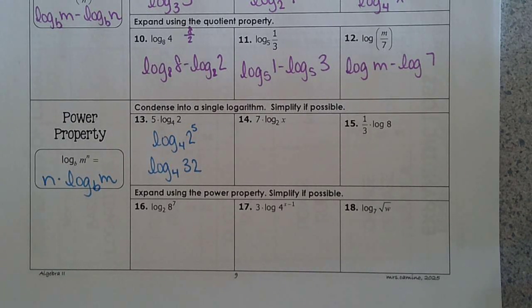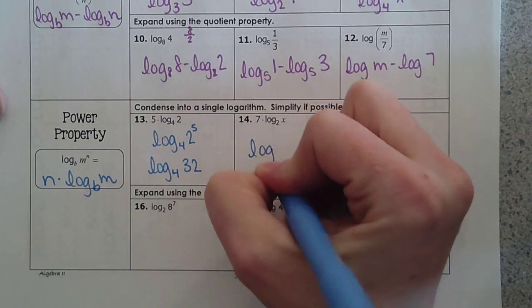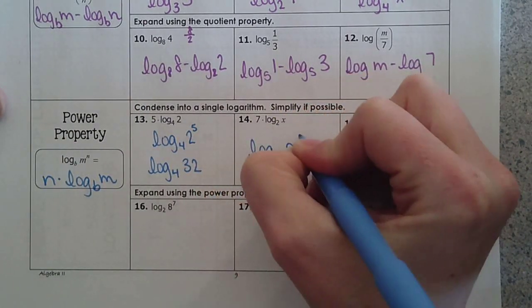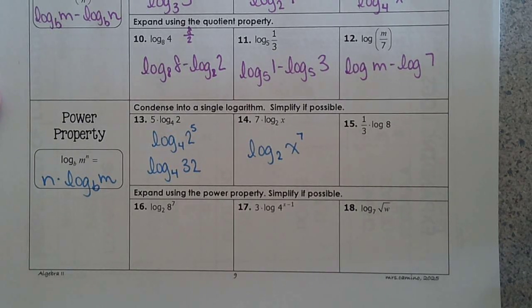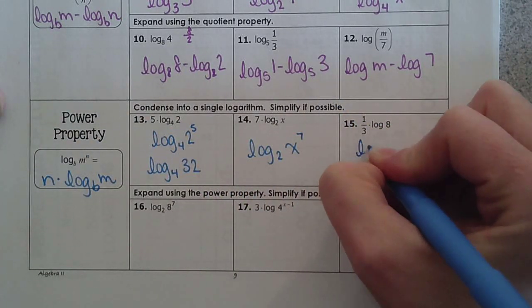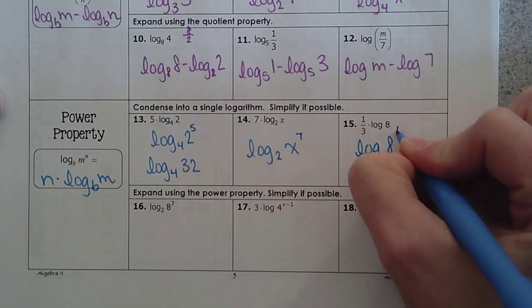Looking at number 14, my multiplier is 7. I'm going to move that to my exponent. Log base 2 of x to the 7th. And number 15, this is another one I'm going to be able to calculate. Log of 8, base 10, to the 1/3.